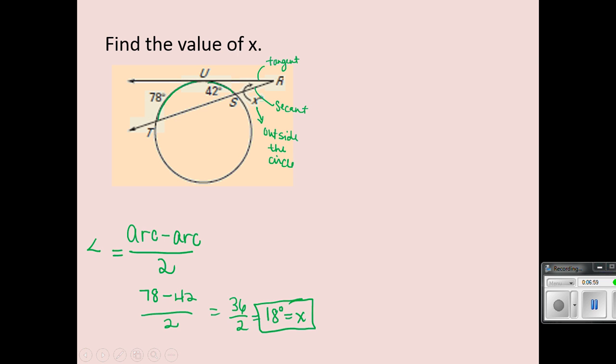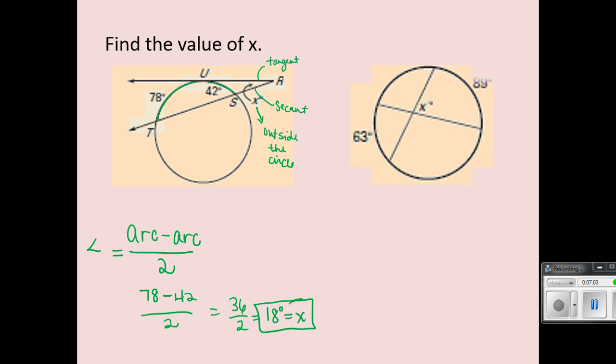All right, so that example needs to be in your notebook. Here's another example. What do I have going on? I have 2 chords, okay, and I have an angle inside. So I'm going to look at my chart, and I know if I have 2 chords or 2 secants and it's inside, then it is arc plus arc divided by 2 will give me that angle.